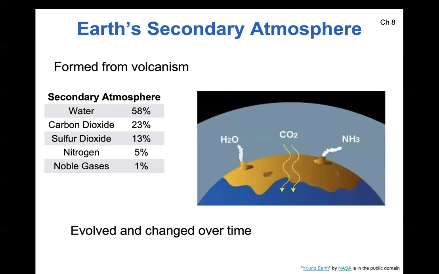All right. Anything else I want to say about it? Right. So, you can see the sulfur dioxide. Let's see. No, that's the nitrogen. Sulfur dioxide isn't shown. We just see the water and the carbon dioxide, and then the NH3.